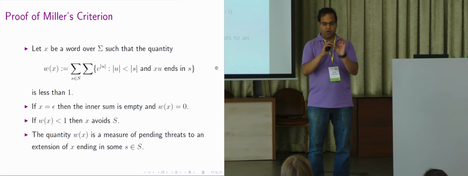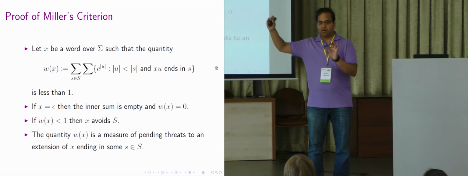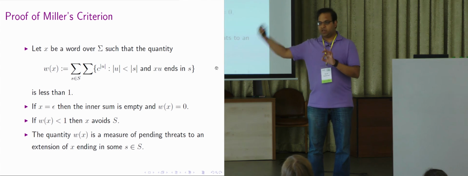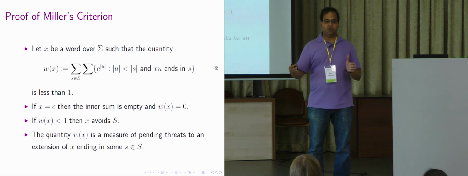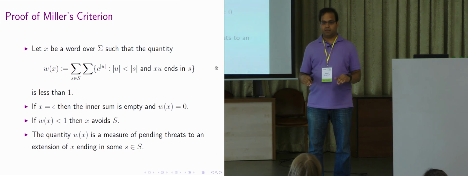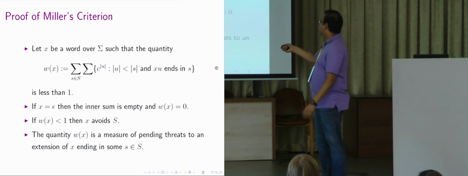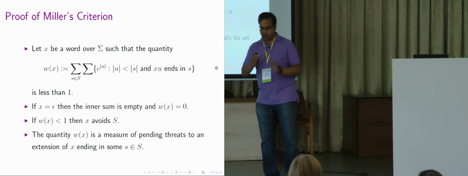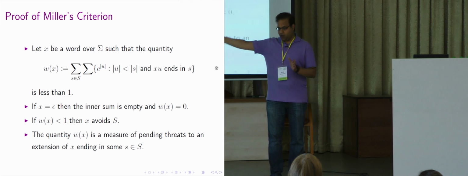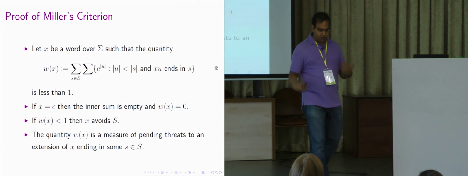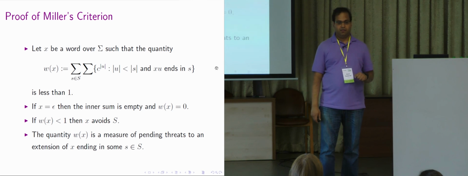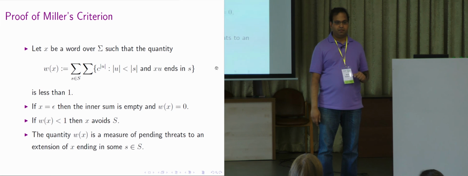So I build this word by extending one character at a time, and at each step I extend by a character such that the weight of my sequence is always less than 1. If I preserve the property that the weight of my word is less than 1 at every step, then that word must avoid the words from S.